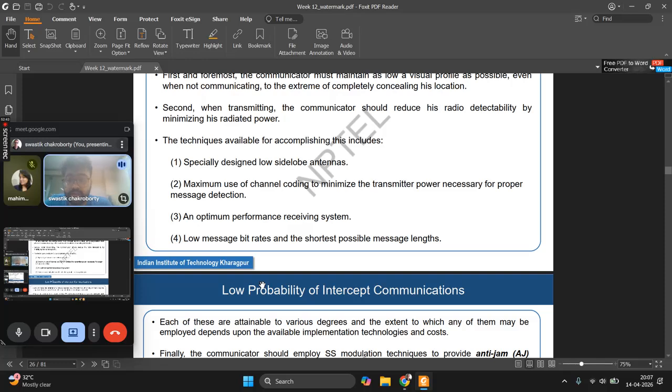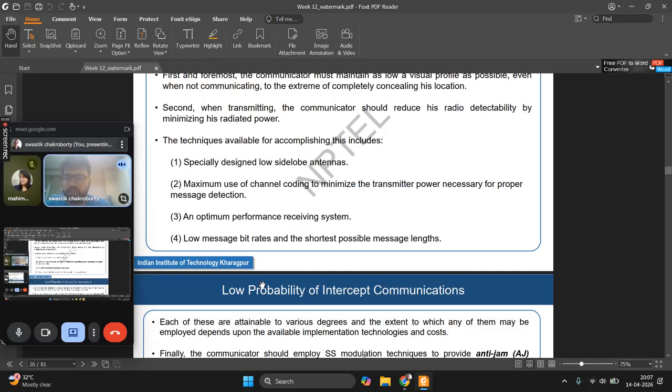There are enemy receivers, there are civilian receivers, and your military communication should ideally register as noise to all the receivers except for those specially designed receivers in your home base.